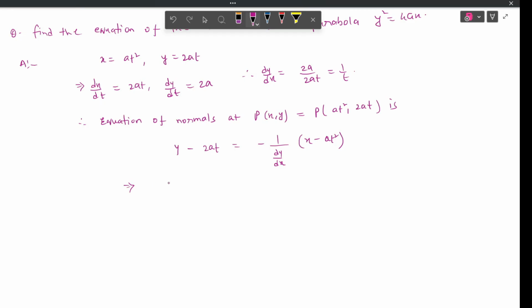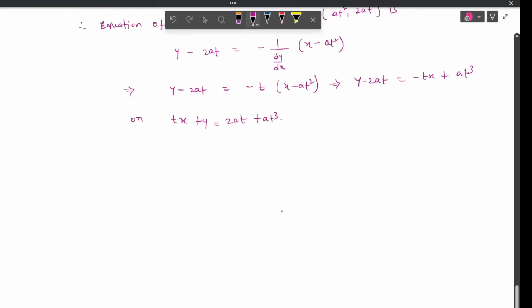So let us simplify this. Y minus 2at, this would be dx by dy. Dy by dx is 1 by t, so dx by dy would be t. This would be minus t into x minus at square. So this would be y minus 2at is minus tx plus at cube, or we can say tx plus y is 2at plus at cube.